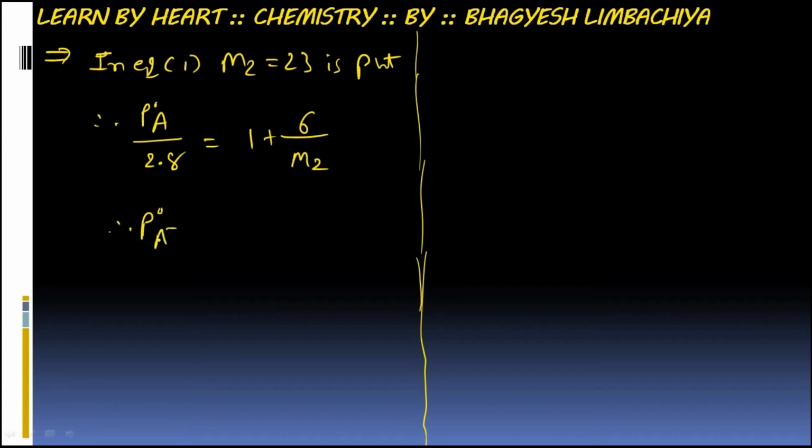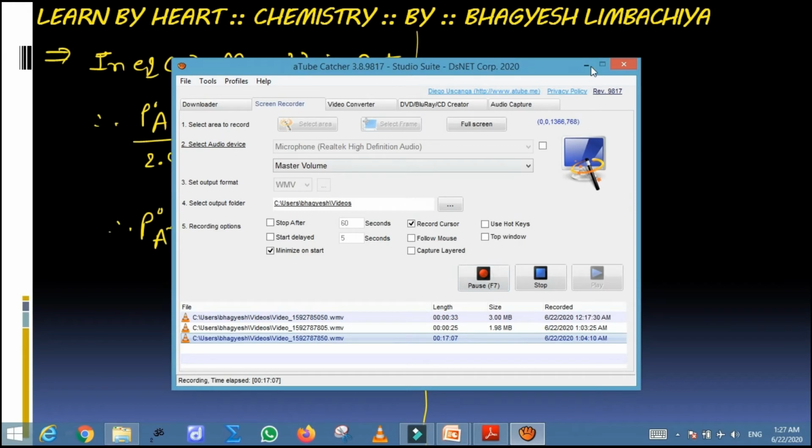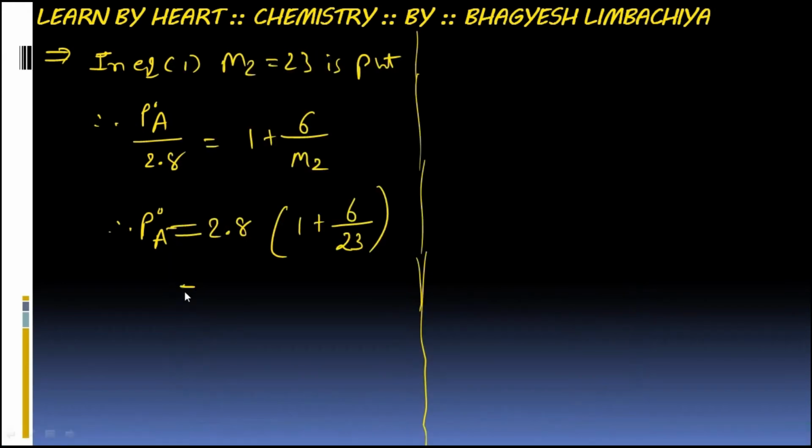So that the P0A equals 2.8 multiplied by 1 plus 6 by 23. So 2.8 is multiplied with 1 plus 6 by 23.